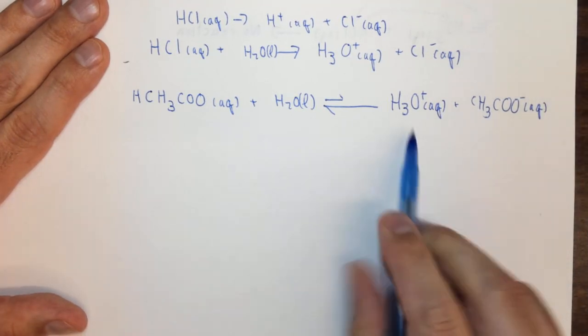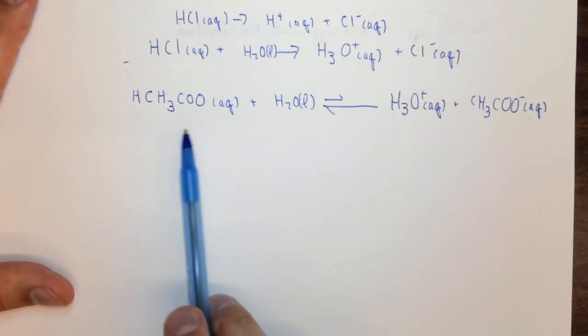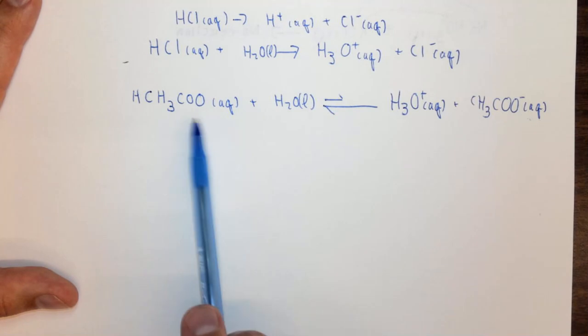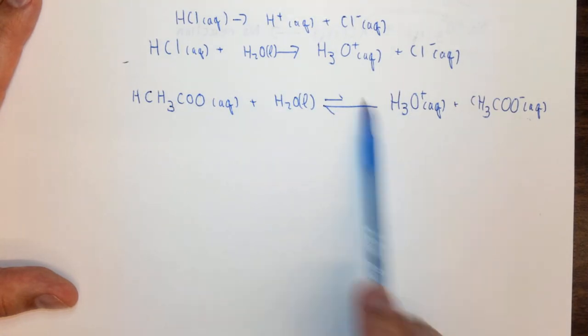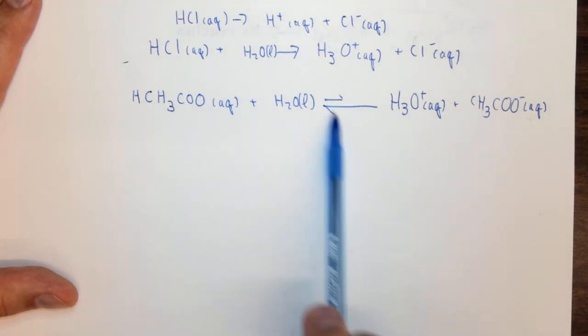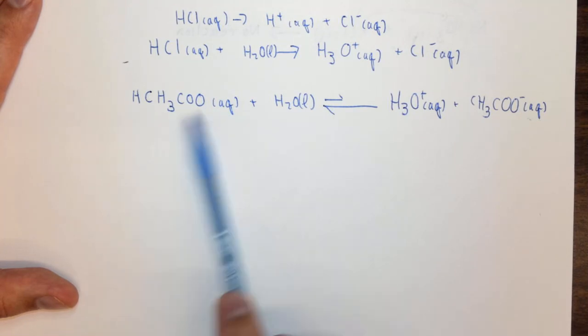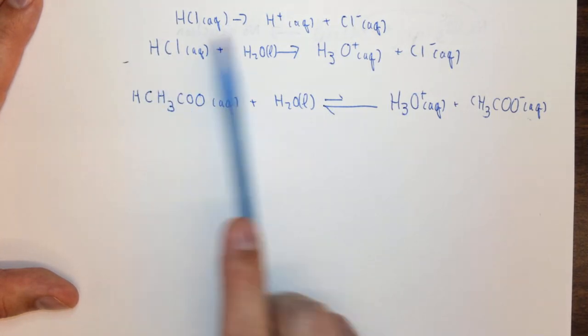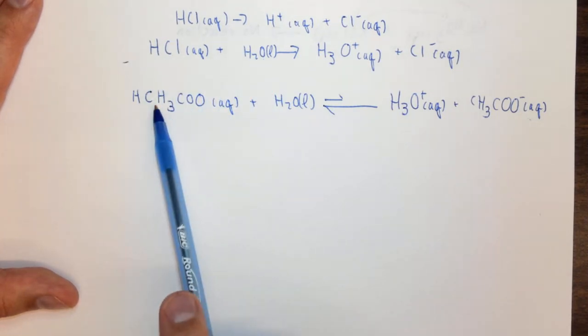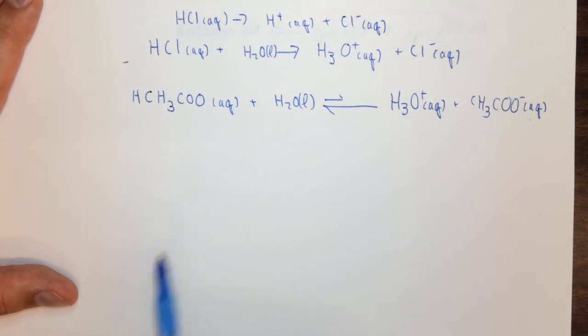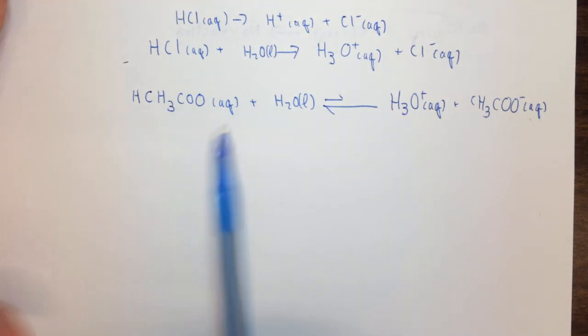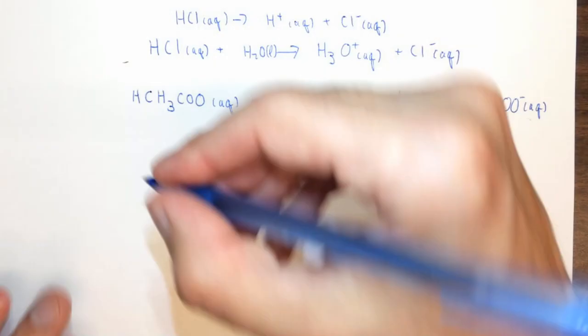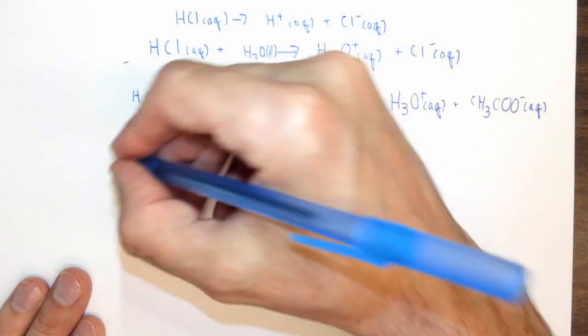This is acetic acid found in vinegar. So here we have some of it reacting to form these, that's why you have a short arrow, but most of it will stay as the acid. So a strong acid will completely react with water. A weak acid will only partially react with water. But it's a little bit different if you have a weak acid reacting with a base. So let's look at what would happen there.